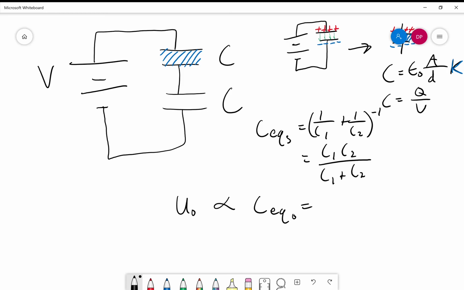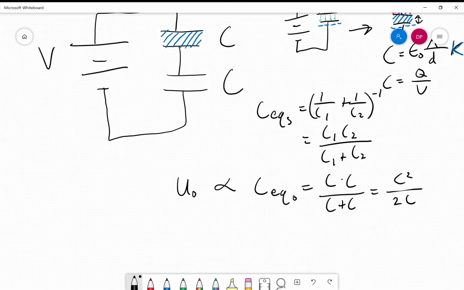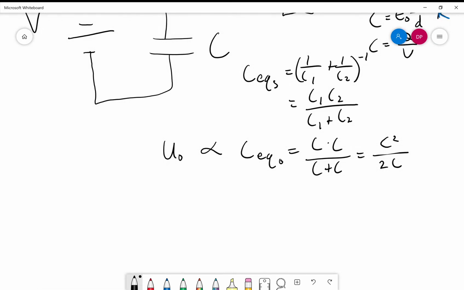So this is going to be C times C over C plus C. Sorry, that's not right. C squared over 2C. All right, so that is the capacitance before the dielectric.